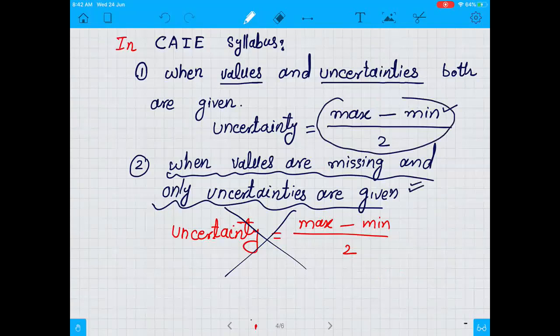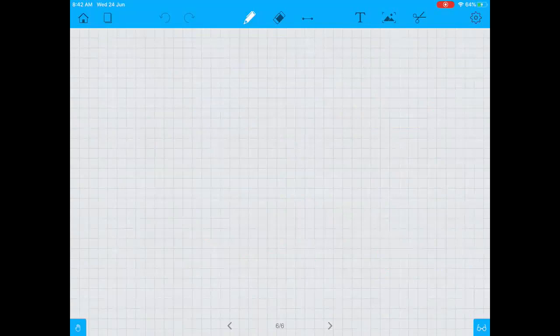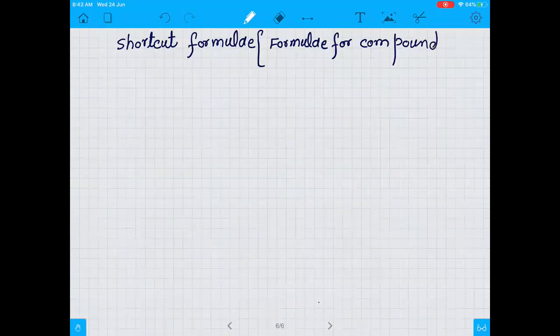And then you go with the shortcut formula. So I will call those formulae shortcut formulae. However, in your syllabus, these formulae are called formulae for compounding uncertainties. So shortcut formulae are also called formulae for compounding uncertainties.